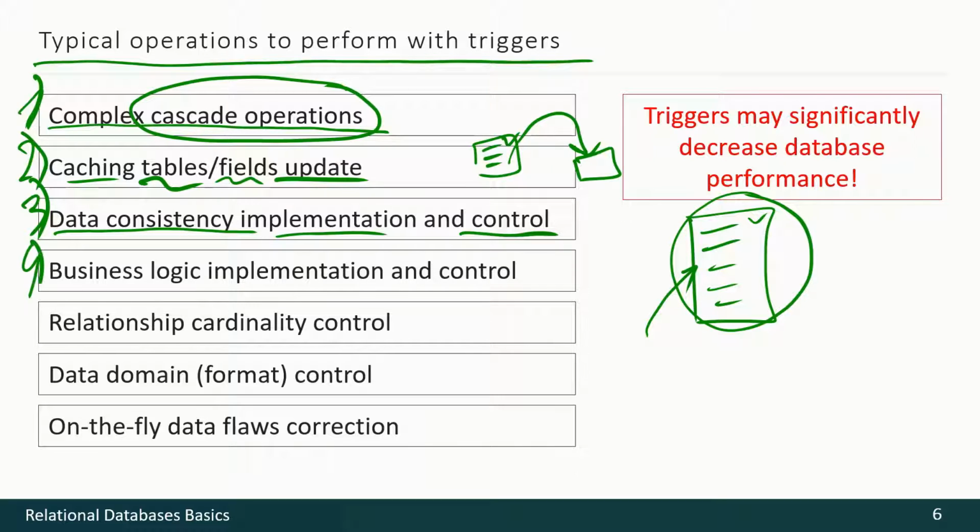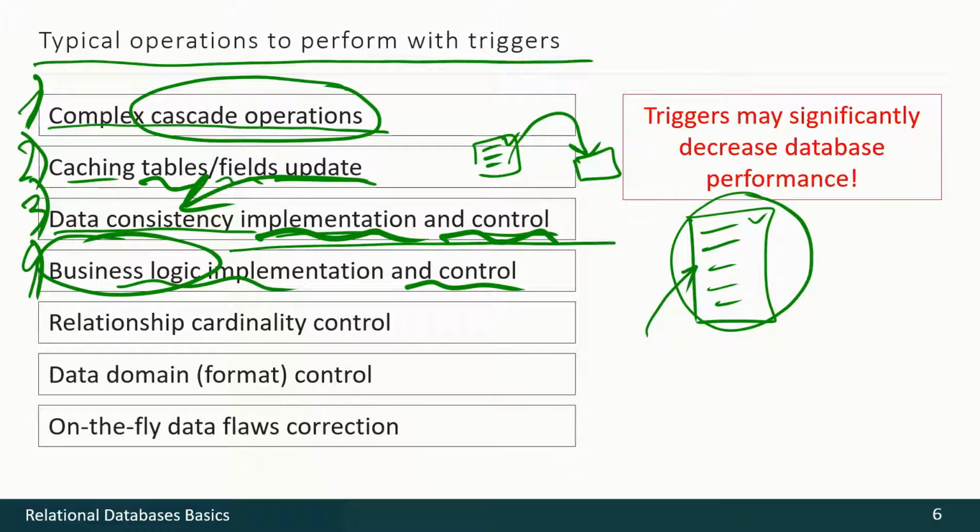Once you have that control and implementation of data consistency, you may implement and control some business logic. Imagine that in your system there has to be at least one administrator or something like that, so that's the business logic and that's the data consistency also, and you may implement and control it with triggers.